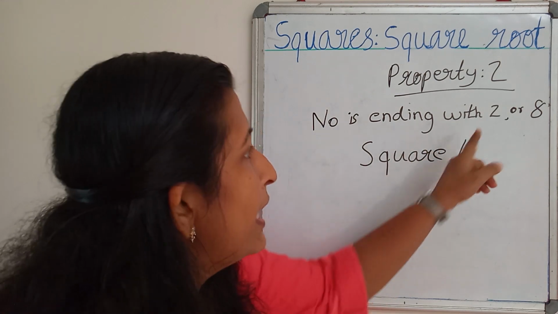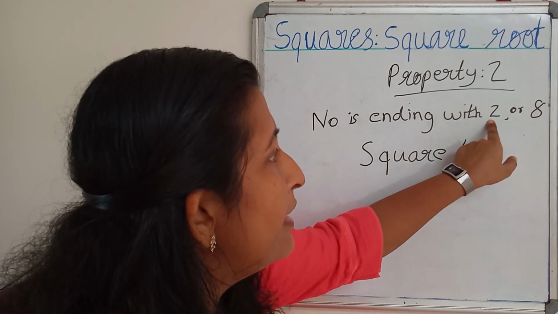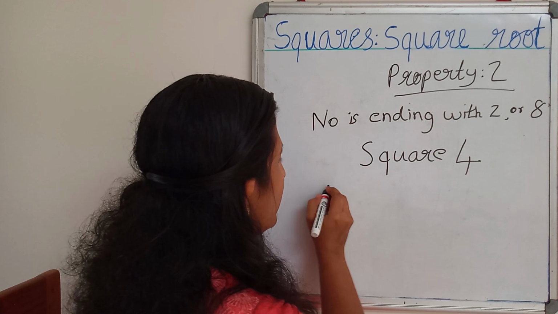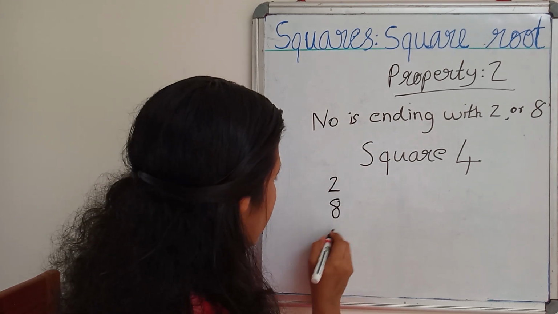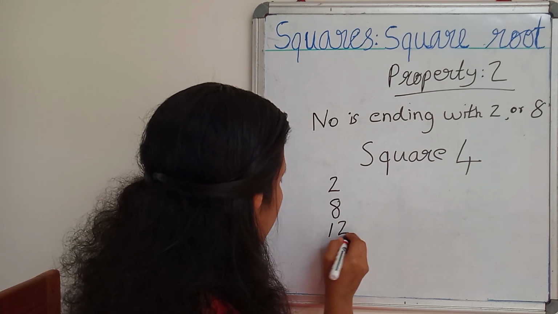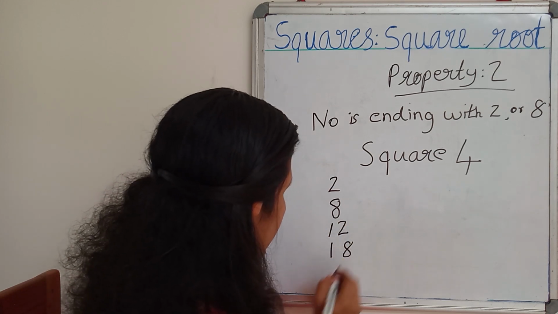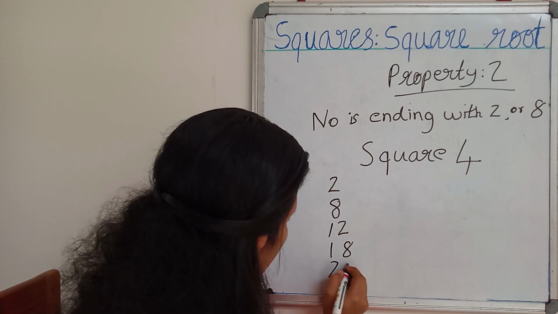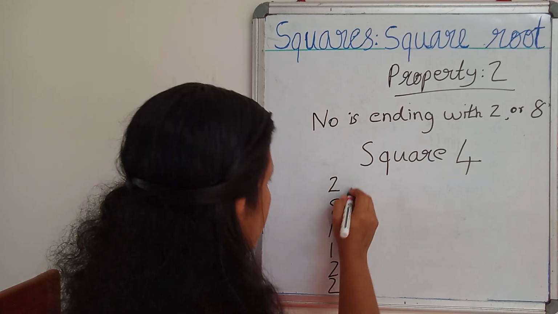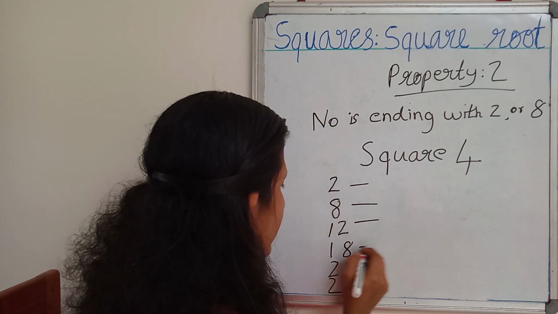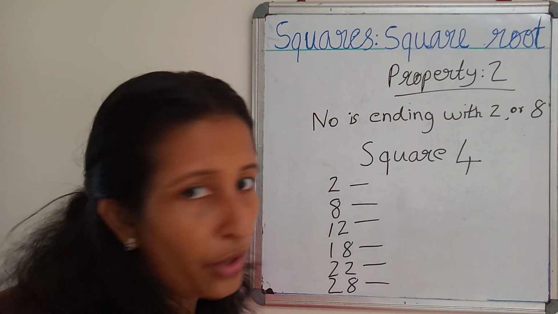So I am going to select some numbers that end with 2 and 8. First number is 2 itself. Then next number is 8. Then 12. Then 18. Then 22 and 28. I am going to find the squares and I will check whether it is true or not.